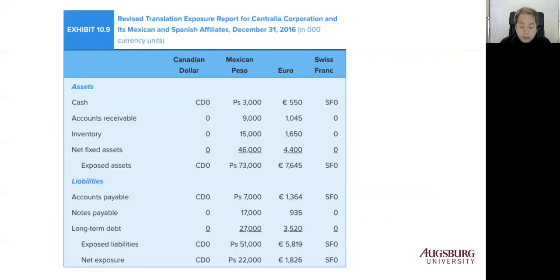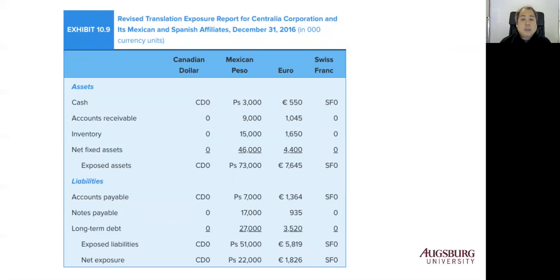So this is another table, the revised translation exposure report for Centralia Corporation and its Mexican and Spanish affiliates. Centralia Corporation and its affiliates can take certain measures to reduce transaction exposure and simultaneously reduce translation exposure.